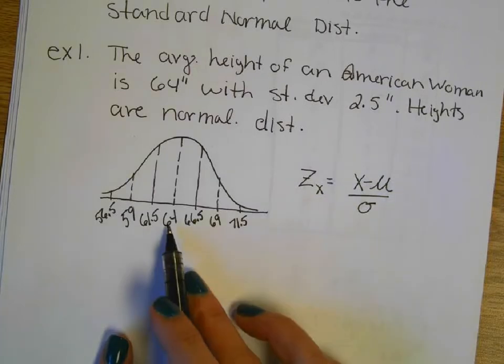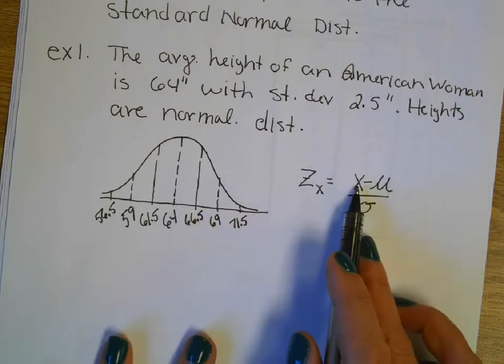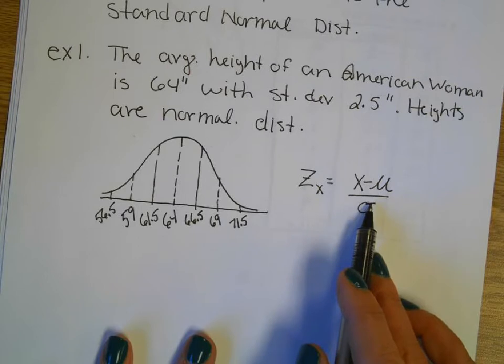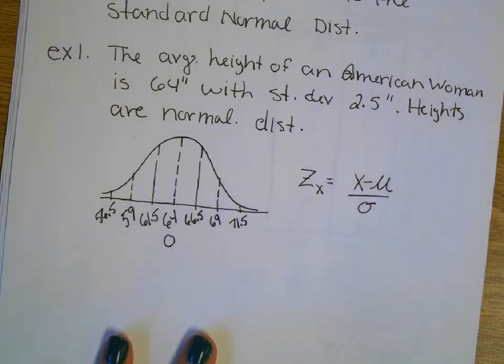If I convert 64 into a z-score, 64 minus 64 is 0, divided by anything is 0, so that has a z-score of 0.